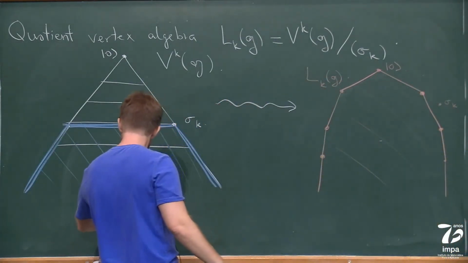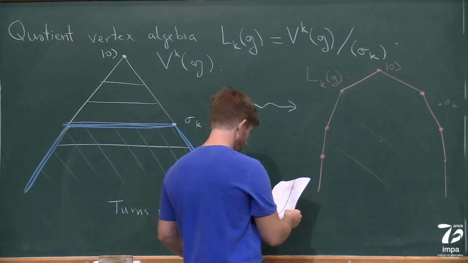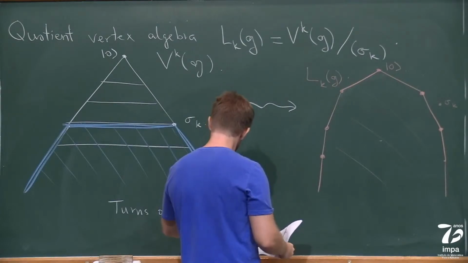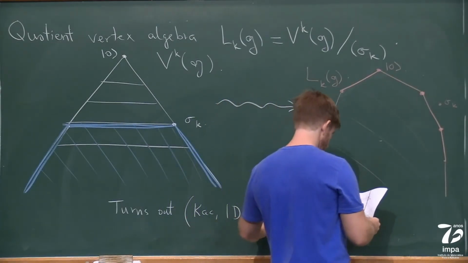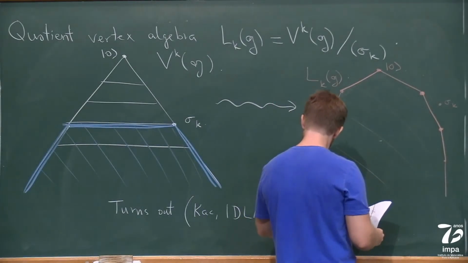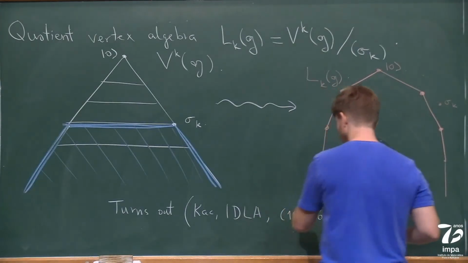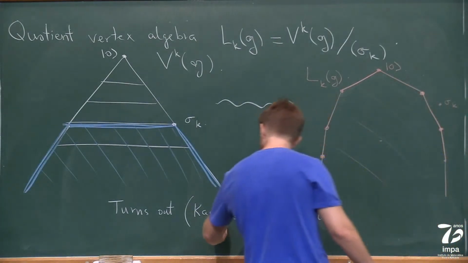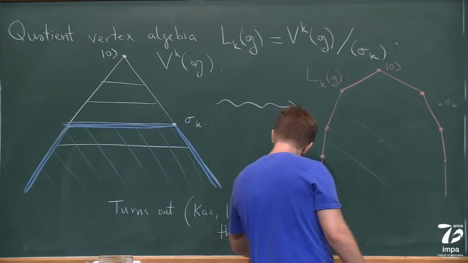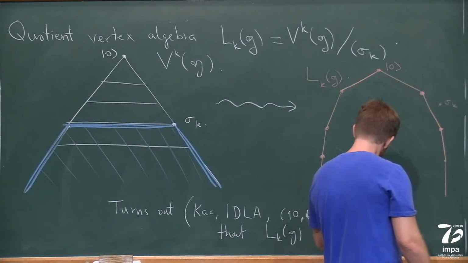Oh yeah, it turns out this follows from formula 10.4.6 in Kac's book, Infinite Dimensional Lie Algebras, that L_k(G) is simple.